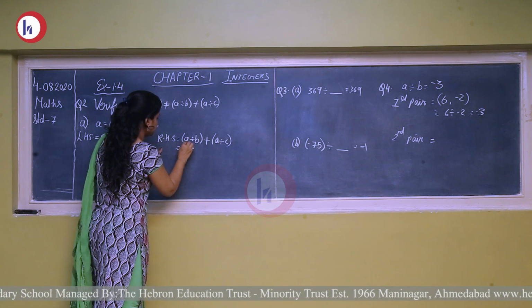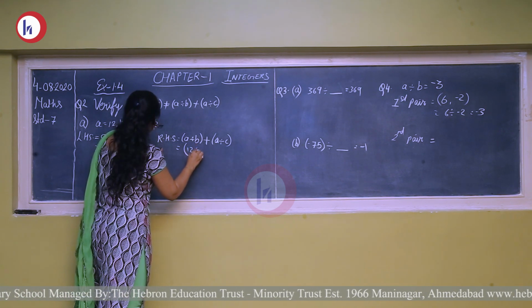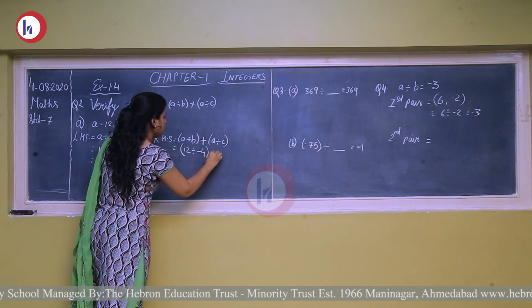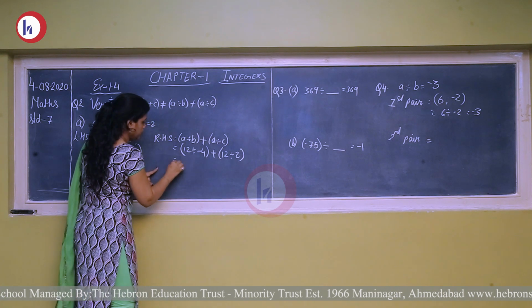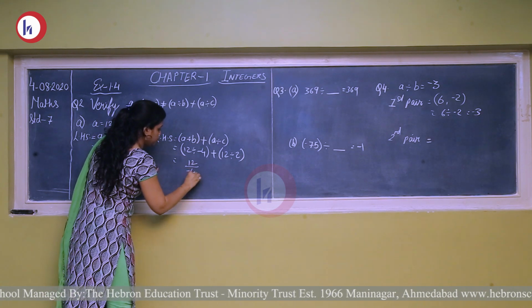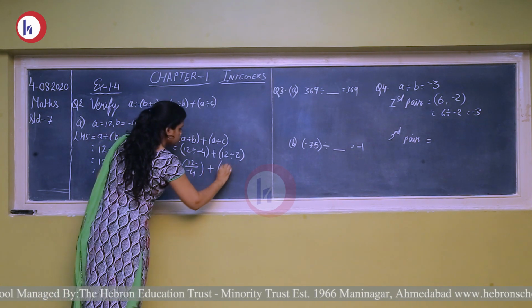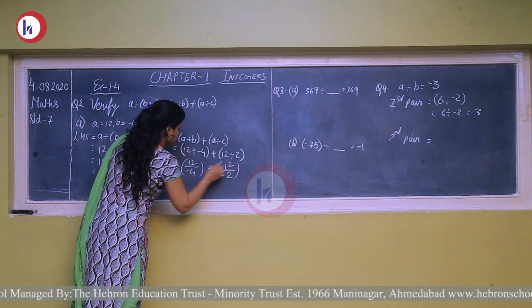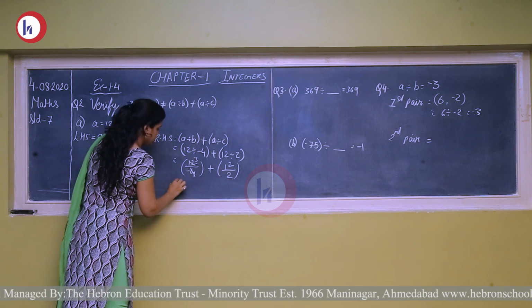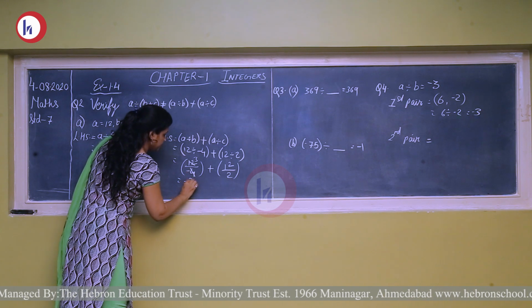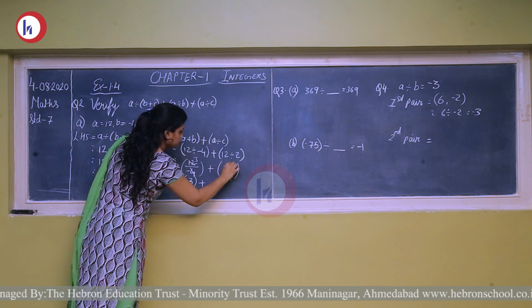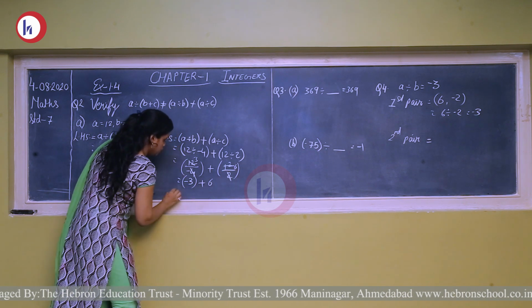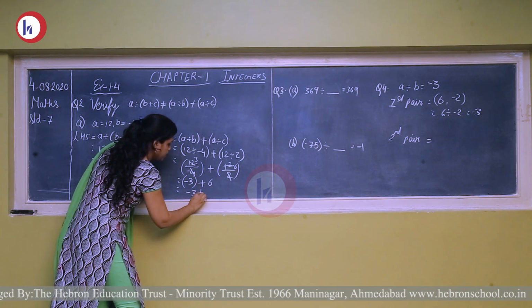Here checking the right hand side, 12 divided by minus 4 plus 12 divided by 2. 4 3s are 12 and plus divided by minus will give you minus 3. Plus 12 divided by 2 will give you 6.